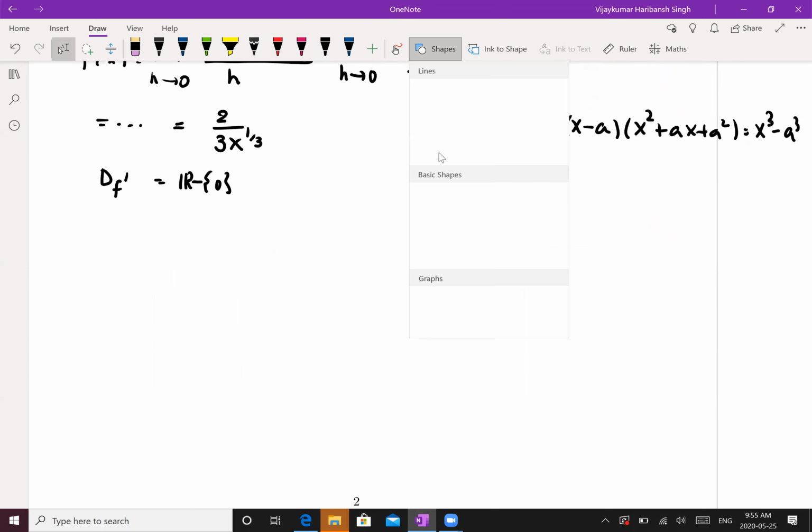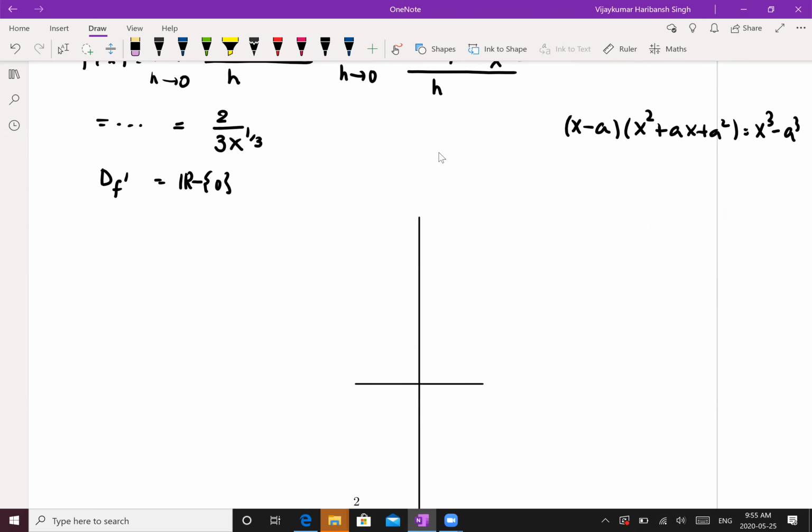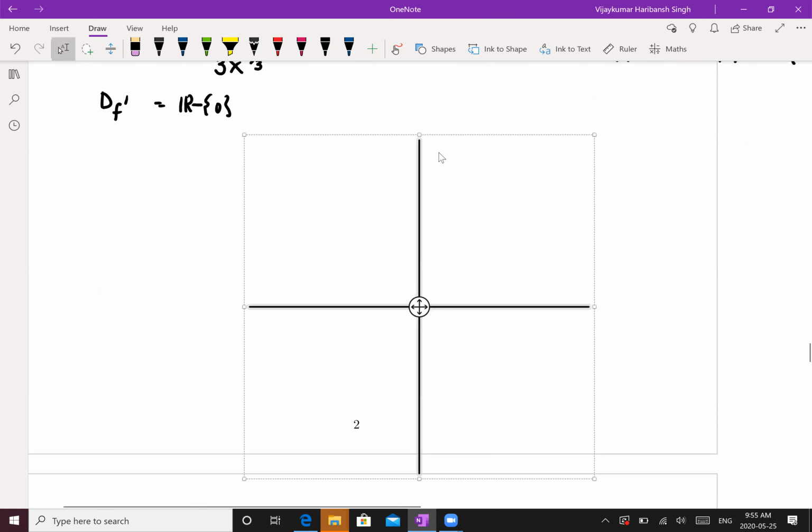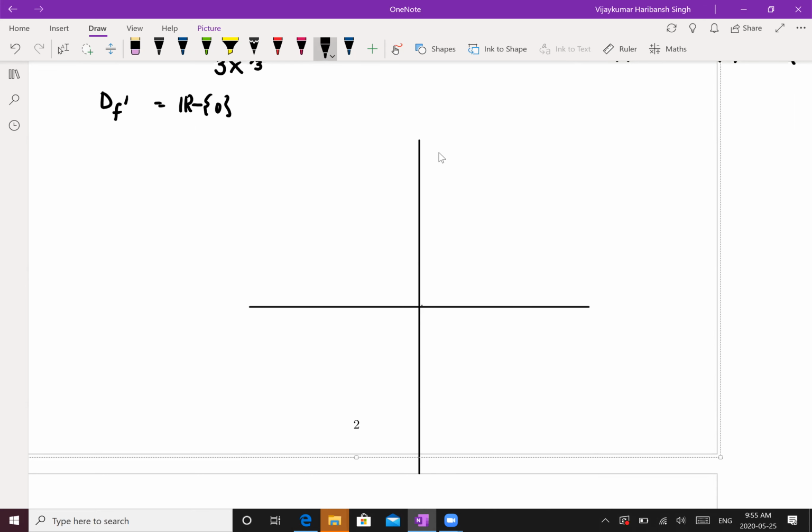So this is how the graph looks like. The graph of the function is x to the power 2 by 3. And note that it is symmetric about the y-axis. Why?